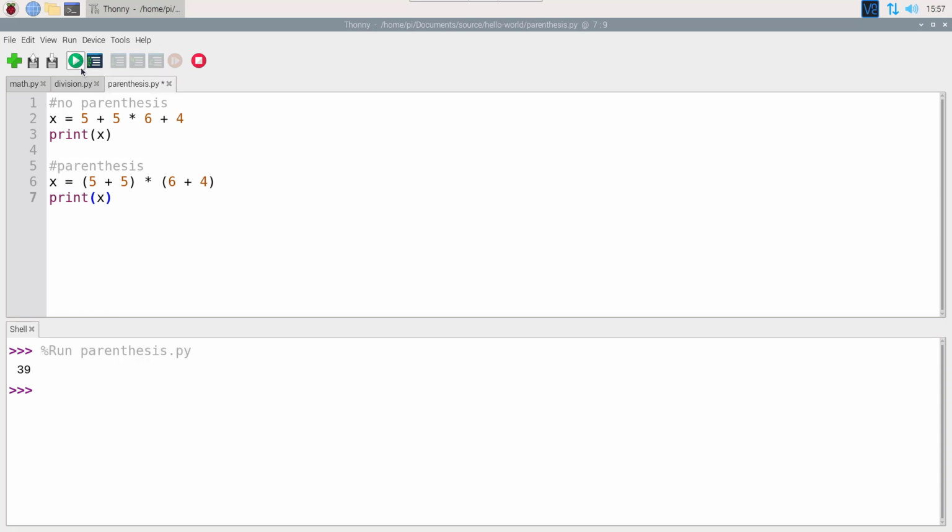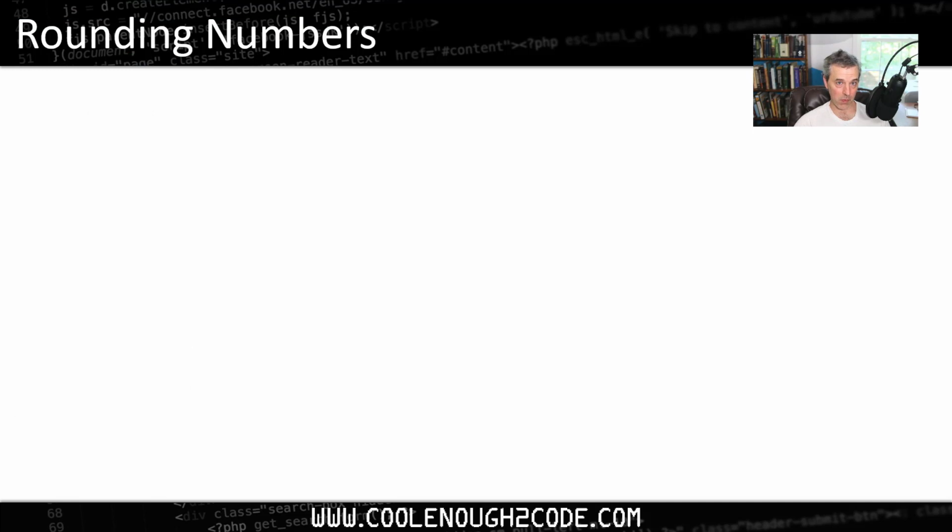Let's run that and see what we get. Again, 39 and 100, just as we expected. You can see how using parentheses can change the order of operations for your calculations. Very useful for calculating things that need to have a specific order done. Just like math, the languages that use parentheses will support this, and Python is certainly no exception in this case.